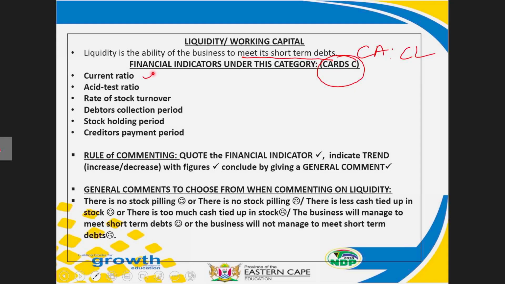A stands for acid test ratio. R stands for rate of stock turnover. And D stands for debtors collection period. Then S stands for stock holding period. And the last C stands for creditors payment period. Now, let's go and explain what each financial indicator means.